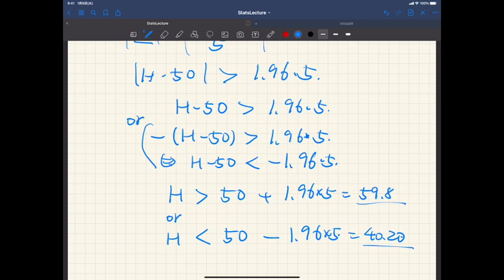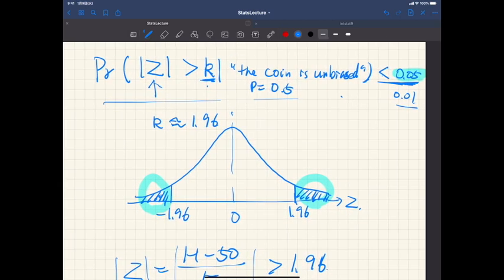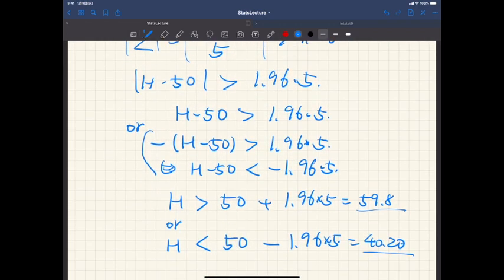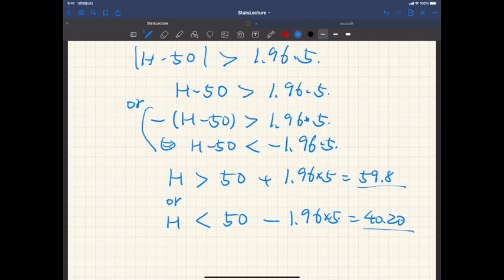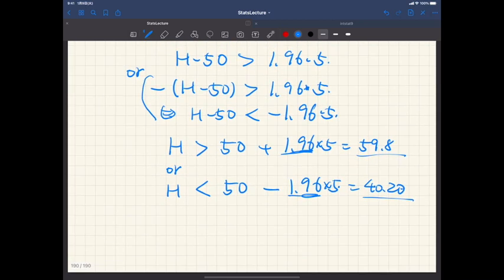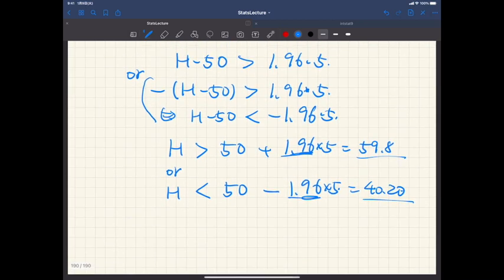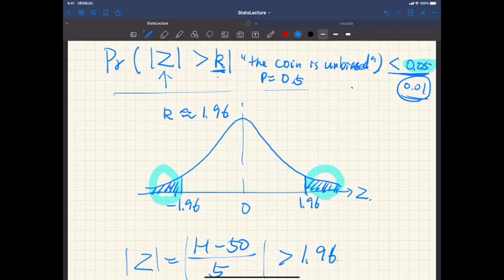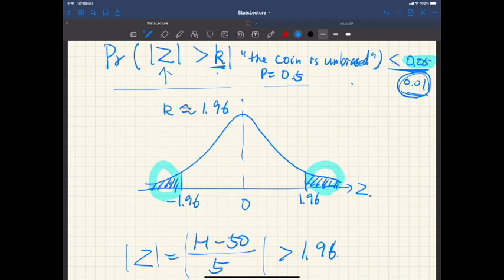Of course, if we employ a 1% significance level, then this number will change. Instead of 1.96, we use some other value. What value should we use? You should look up the table of the standard normal distribution, which gives you the probability of less than 1%.